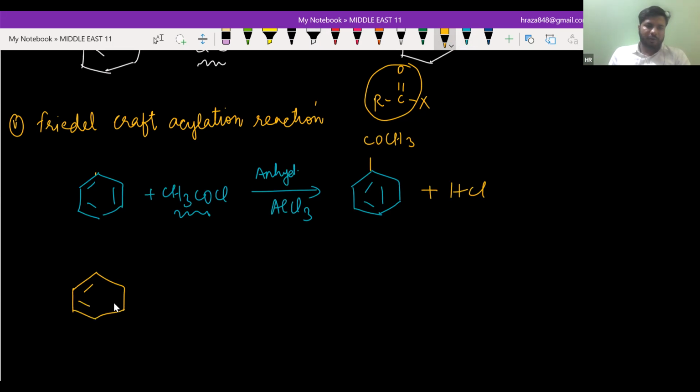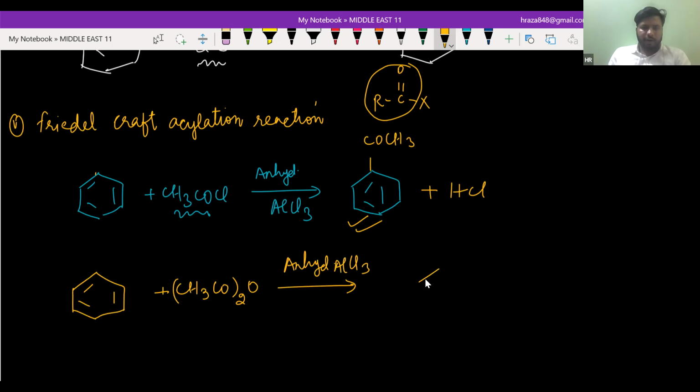In the same way, from acid anhydride, which is a functional group, we can do acylation. CH3CO whole twice O in the presence of anhydrous AlCl3. What happens here is the same product, COCH3.